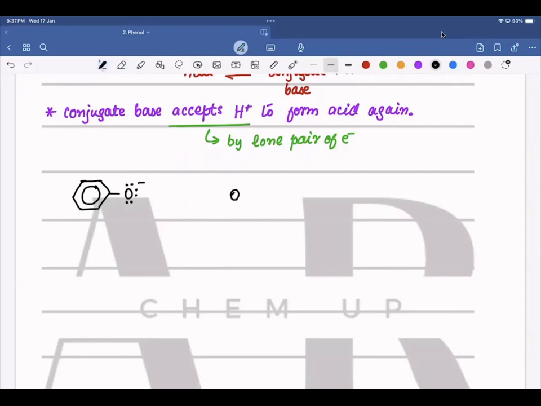The conjugate base of water is hydroxide ion, where this oxygen also has 3 lone pairs. And the conjugate base of ethanol is ethoxide ion, right? Yes.